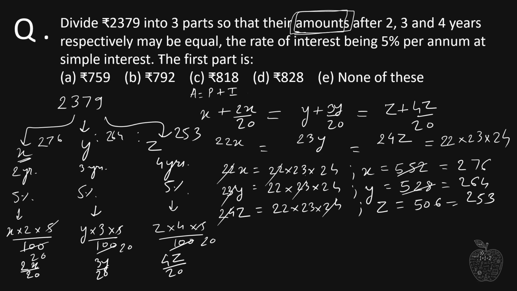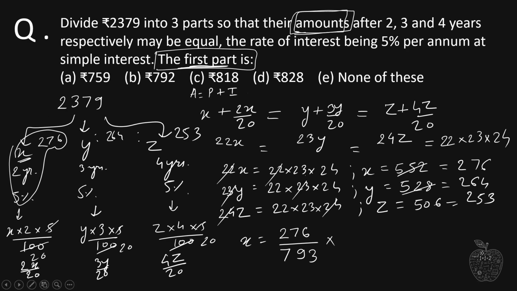Now the question is asking me to find out what the first part is. So the first part means X. In order to calculate X, we take the value of X, which is 276, divided by the total value, which is 276 plus 264 plus 253, and this comes out to be 793, into the whole amount, which is 2379.